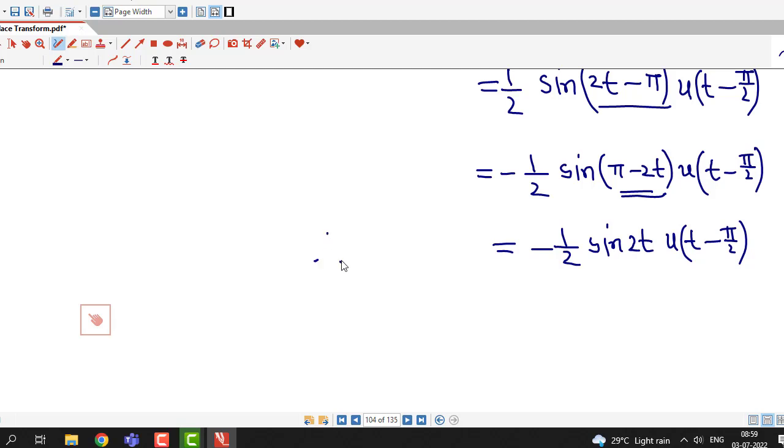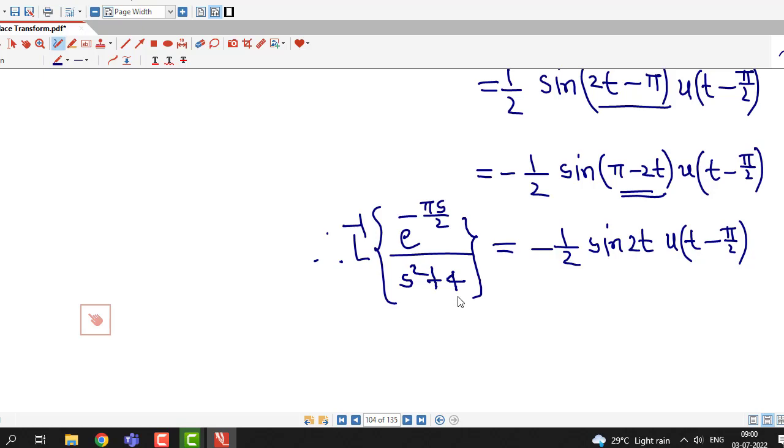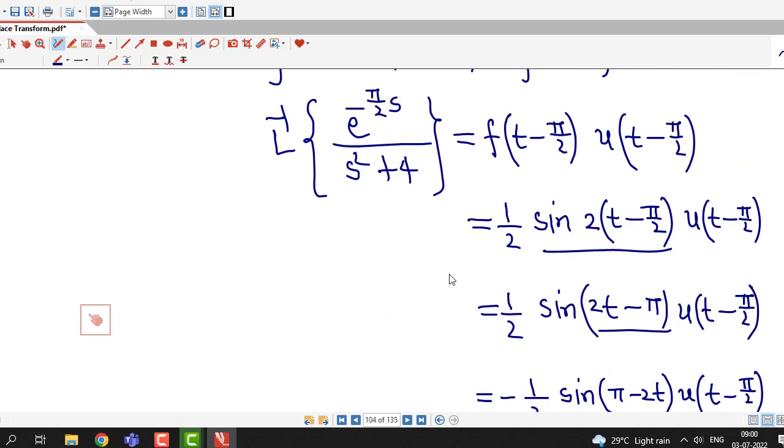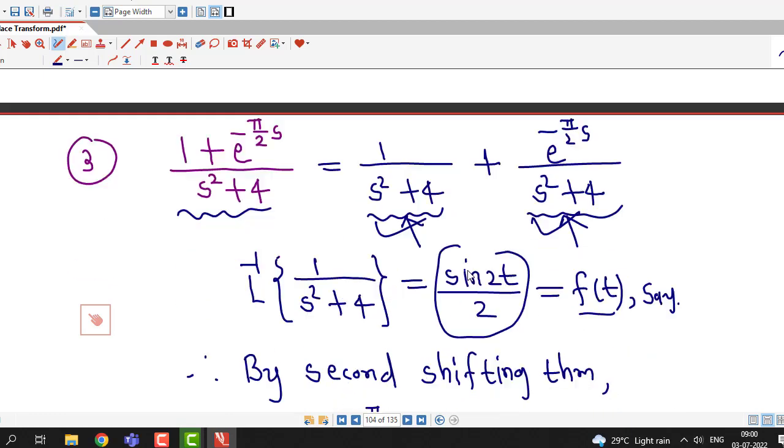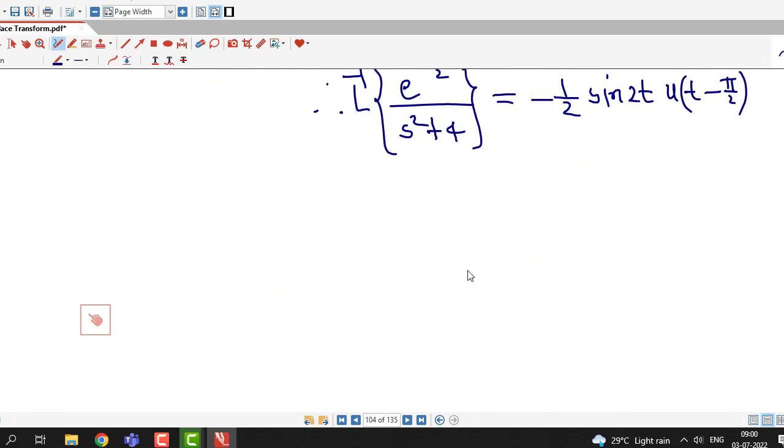So this is the inverse Laplace transform of e raised to minus pi s by 2 divided by s square plus 4, and our function is this function plus this function. So now we write down the inverse Laplace transform of the given function.